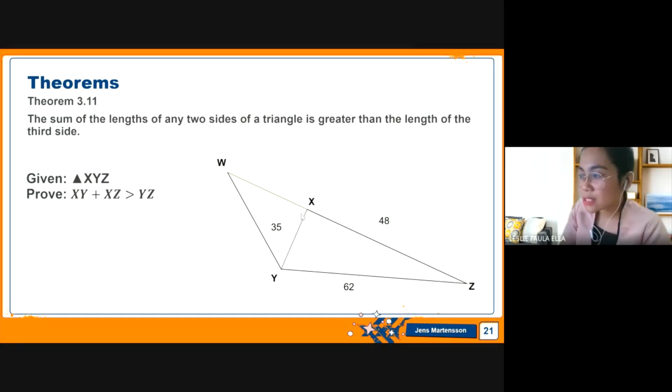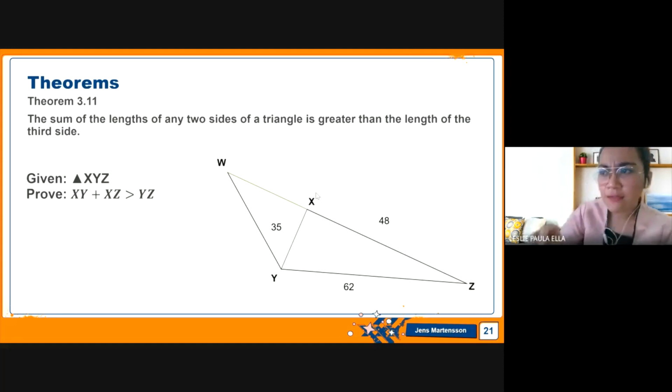You may notice that they have the values of 35 for line XY, 62 for line YZ, and 48 for XZ. When added up, line XY plus YZ has a sum greater than 48. Same goes with XZ added to YZ, it is also greater than XY.